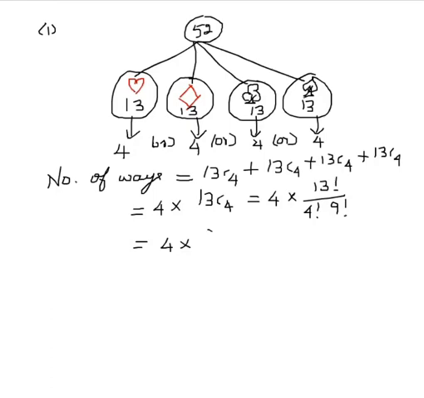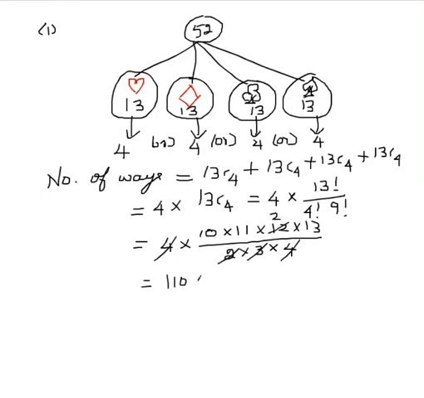Cancel 9 factorial. 10, 11, 12, 13 divided by 4 factorial. 110 multiplied with 26. The answer is 2860.